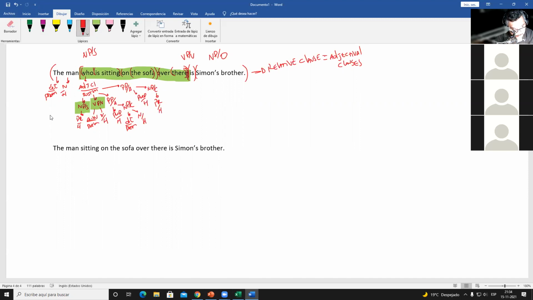Like in the second example, "the man sitting on the sofa over there is Simon's brother." It's the same sentence, but as the subject for the non-finite clause is the same, we're going to erase it, right? Therefore, we will have a change, and the change is the presence of a non-finite clause.